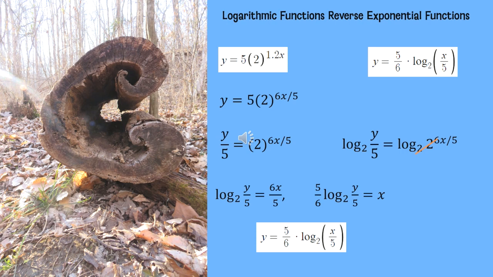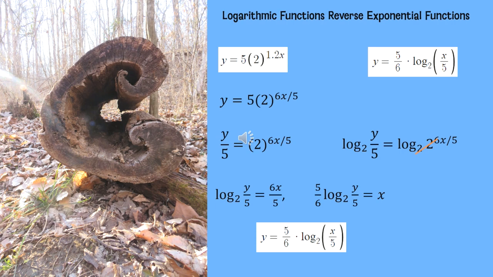On the right side, when I plug 2 to the 6/5 x into log base 2, remember the whole job of the log base 2 notation is to point out that you're canceling out the exponential function. So log base 2 cancels exponential base 2, and I then have on the left side log base 2 of y over 5 equals 6/5 x, which was my exponent.